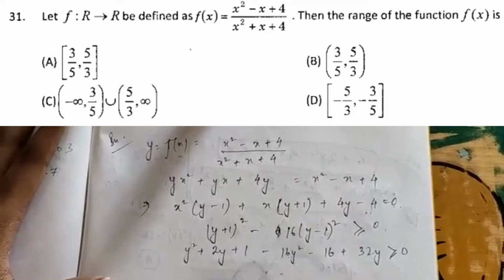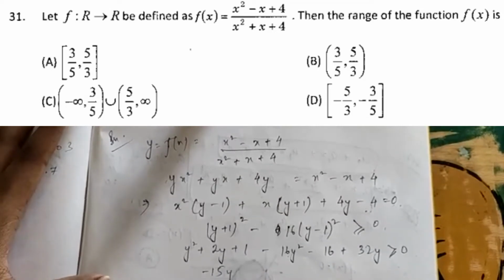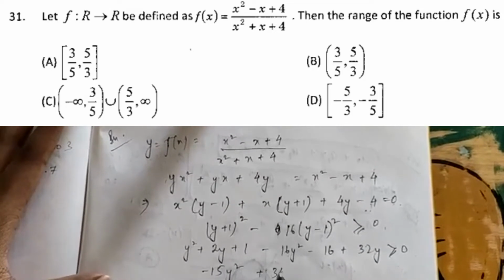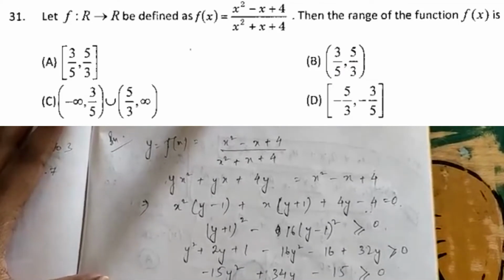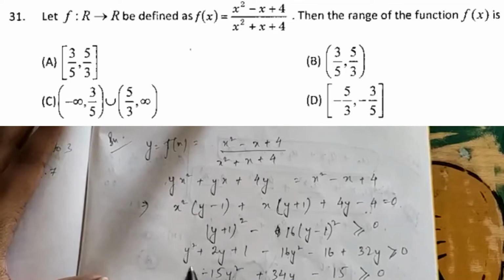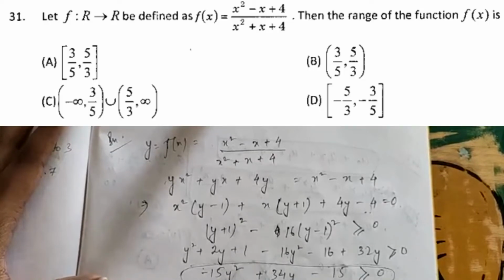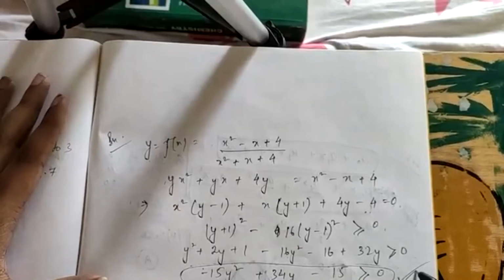Here I can write that minus 15y square plus 34y minus 15 is greater or equal to 0. So here you have to solve this equation and do the wavy curve method to find your solution. I am not doing this because, okay, so do these calculations very carefully.